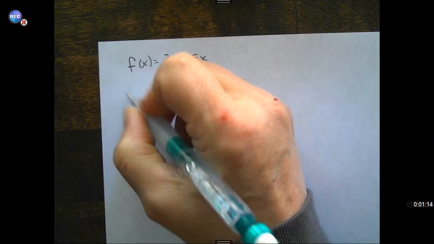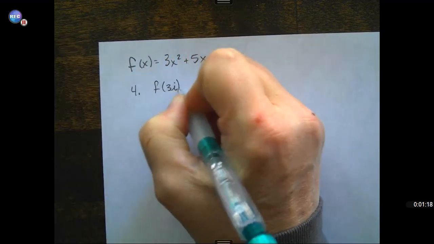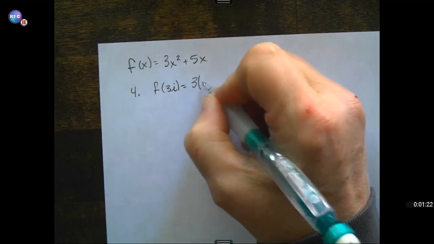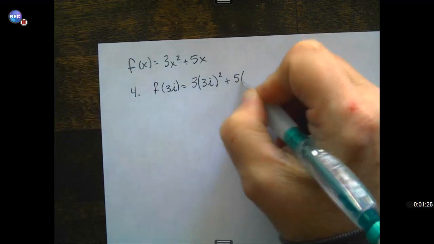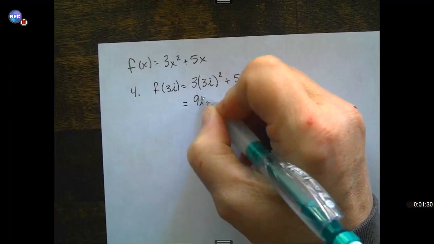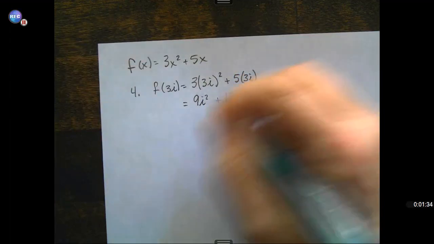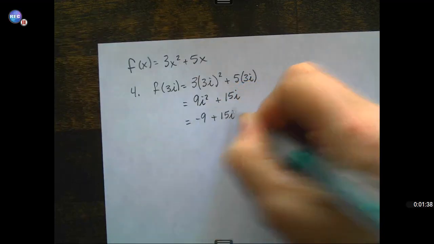For number 4, I'm supposed to find f of 3i, which means I'm plugging in 3i for x. So 3 times 3i quantity squared plus 5 times 3i. And this is going to be 9i squared plus 15i, or negative 9 plus 15i.